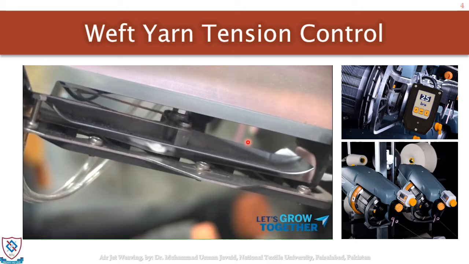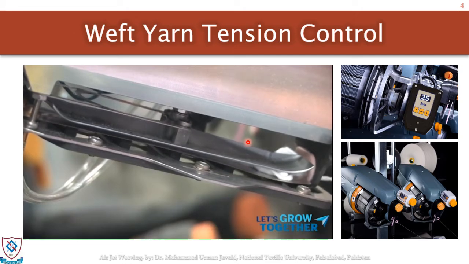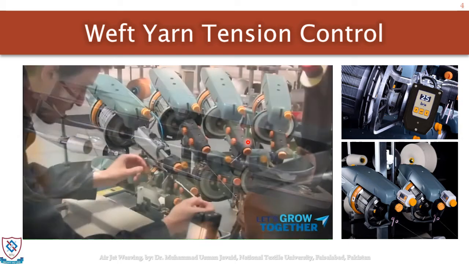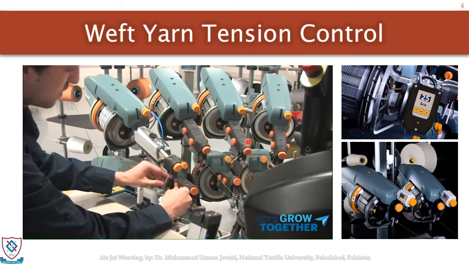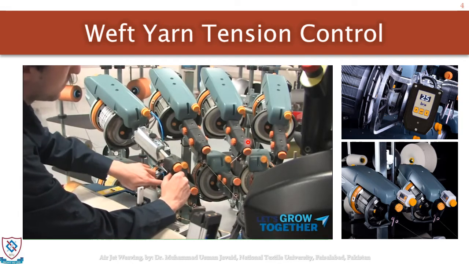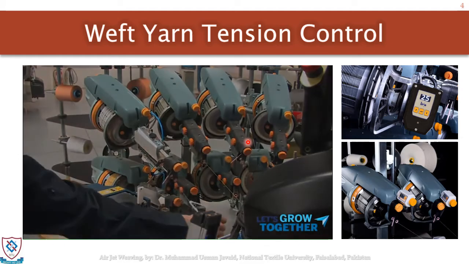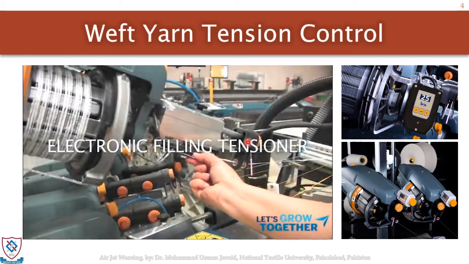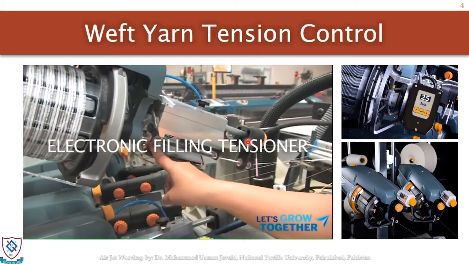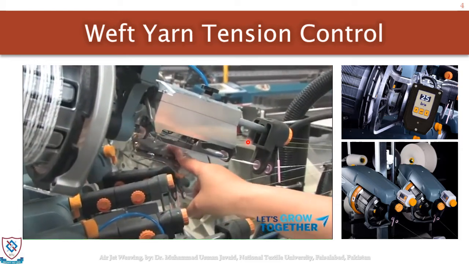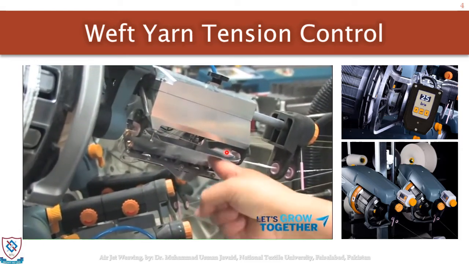The problem is when we have fancy yarns or delicate yarns, on which applying the brake distorts their appearance, or damages the yarn, or changes the appearance or texture of the yarn. We need a specific type of tensioner that can keep the tension on the yarn but does not affect its texture or appearance.